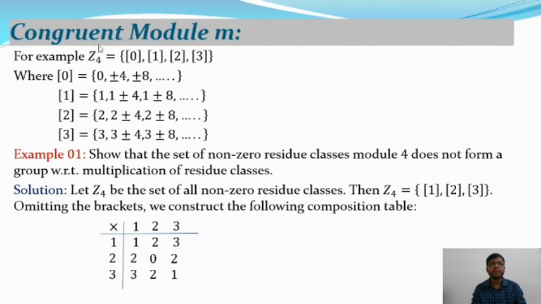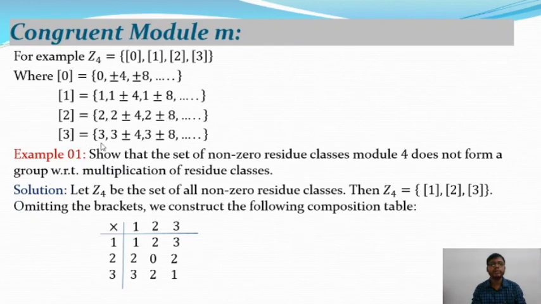Here is an example of congruence modulo M. For example Z4, where M is equal to 4, and Z4 is equal to 0, 1, 2, 3. So there are 4 elements: 0, 1, 2 and 3. Where [0] is equal to 0, plus minus 4, plus minus 8 and so on. [1] is equal to 1, 1 plus minus 4, 1 plus minus 8 and so on. [2] is equal to 2, 2 plus minus 4, 2 plus minus 8 and so on.